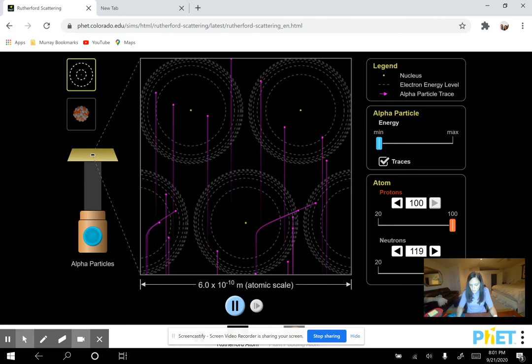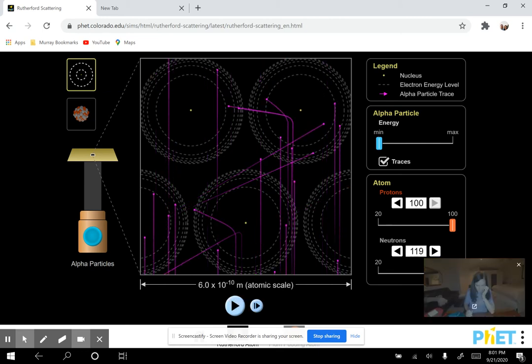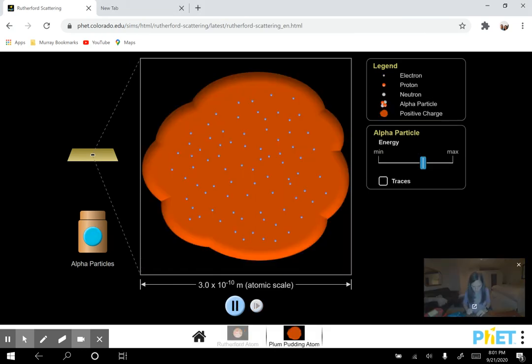Okay, so that's enough of the Rutherford model. We're going to stop this and go back, and let's see if I can scroll this so that I can get to the plum pudding model.